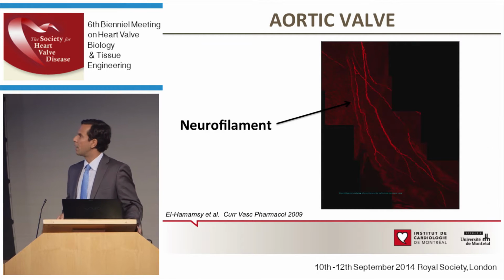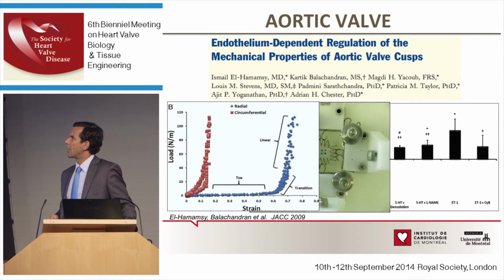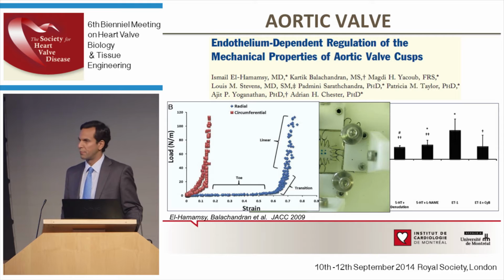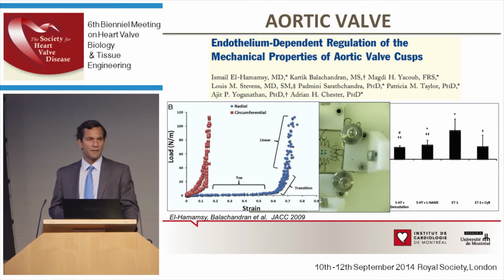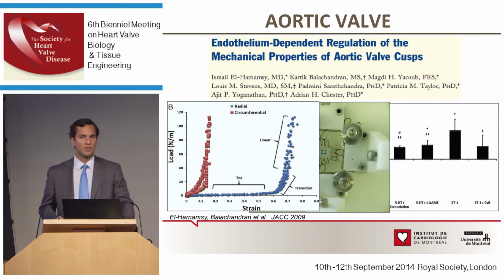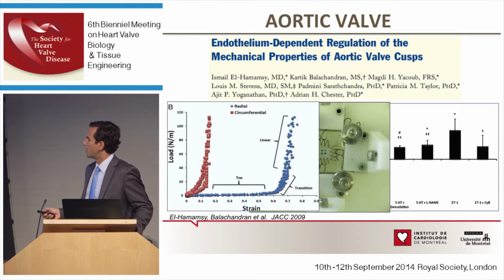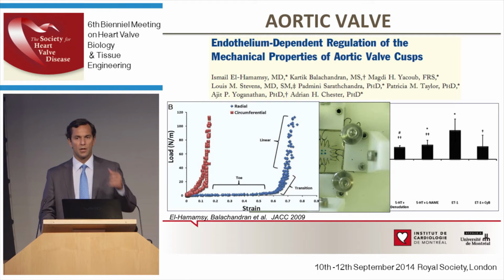And previously in the lab with Kartik Balachandran, who was here in this meeting, we had looked at the mechanical properties of aortic valve leaflets in vitro, using a biaxial mechanical system. What we managed to show was not only the anisotropy in the aortic leaflets in the radial and the circumferential direction, as you well know, but also importantly changes in the stiffness of the aortic valve leaflets in response to endothelium-dependent stimuli such as serotonin or endothelin, and these were reversed whenever we inhibited the endothelium, whether mechanically or pharmacologically.